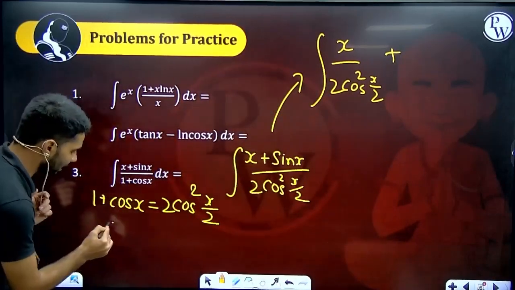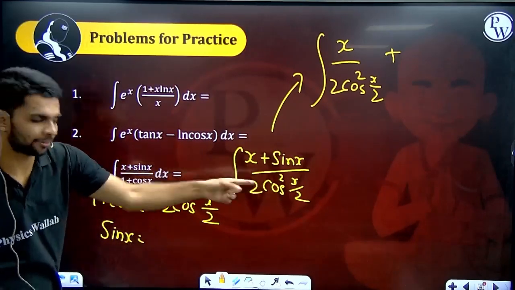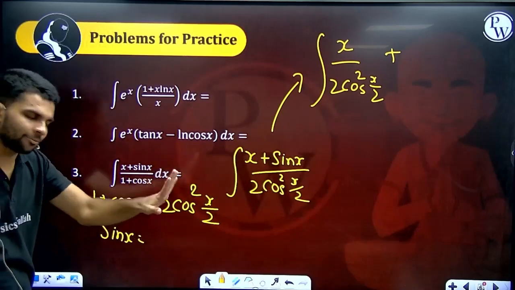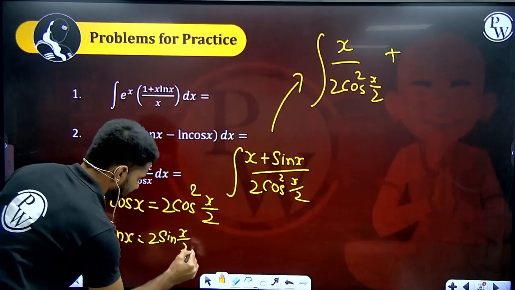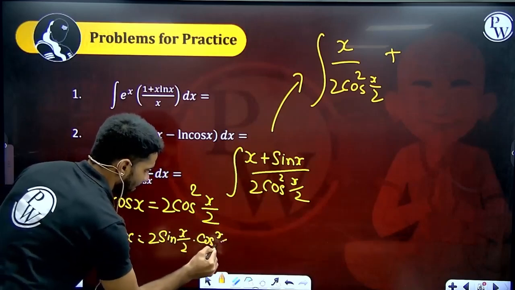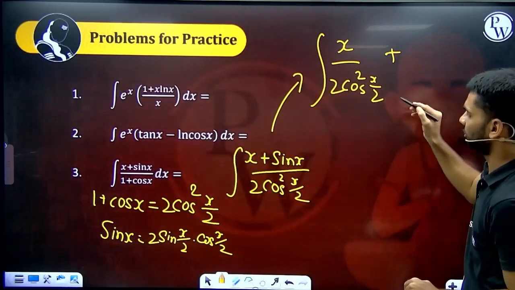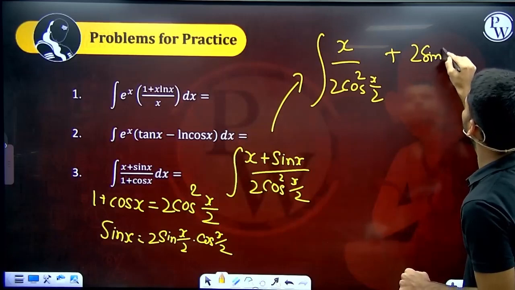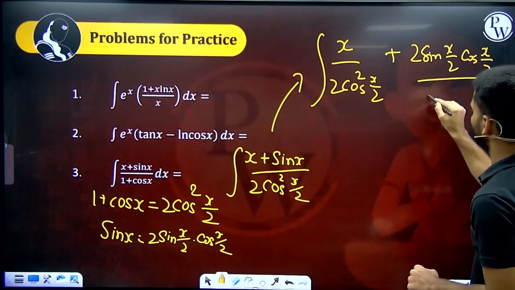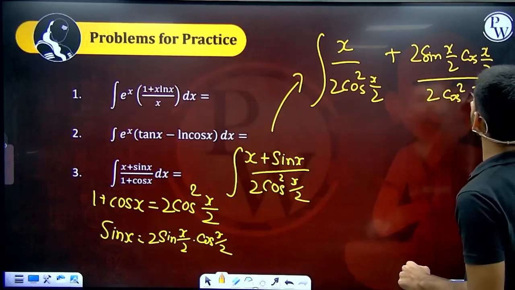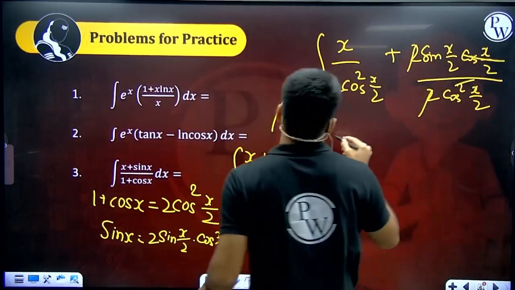Write sin x as, since it has been written in half angle, convert it also in half angle. 2 sin x by 2 cos x by 2. 2 cancels out, cos x by 2 cancels out, so it will be tan x by 2.